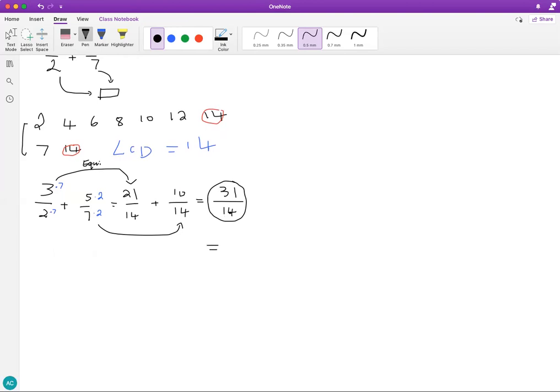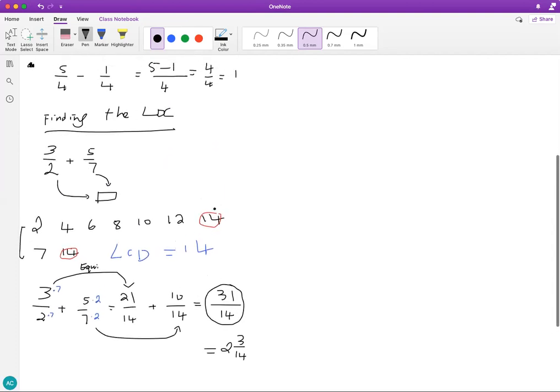How many times does 14 go into 31? 14 times 2 is 28, so that's twice. You bring over the same denominator. If 14 goes into 31 twice, which is 28, what's the remainder? 3. Very good. So that's the mixed number, and that's the improper fraction. Okay, so that's how you find the LCD.